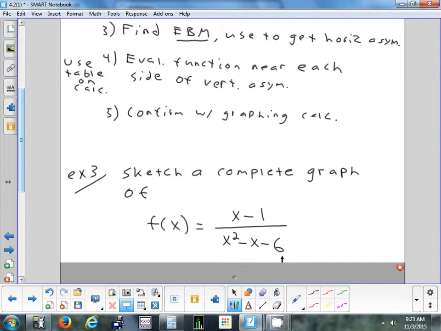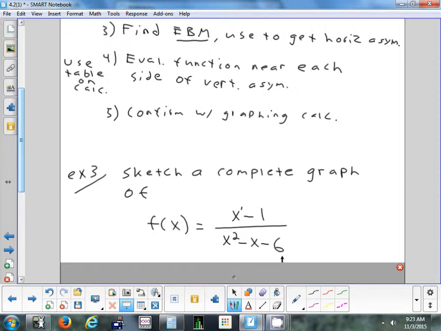All right, so first one we're going to try to sketch is f of x equals x minus 1 over x squared minus 6. What's the highest degree term in the top? What is the degree? Yeah, it's not written here, but if you want to put the exponent of 1, you can. Usually we don't. What's the highest degree term in the bottom? 2.